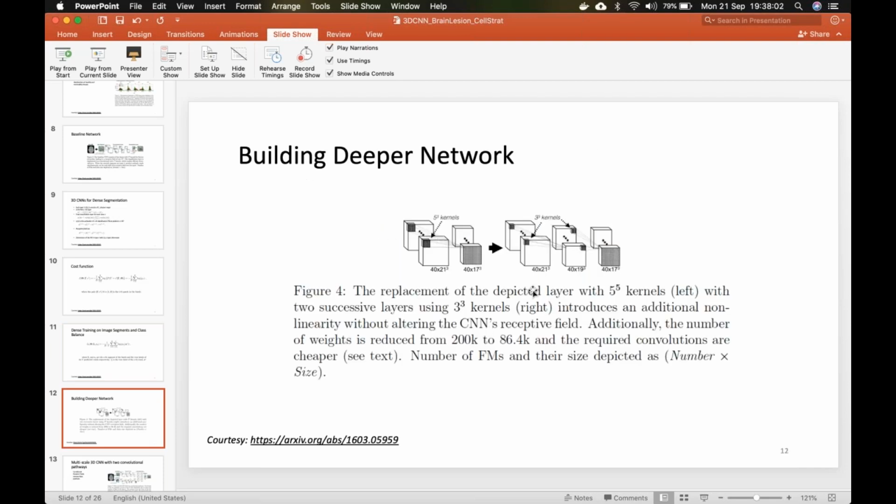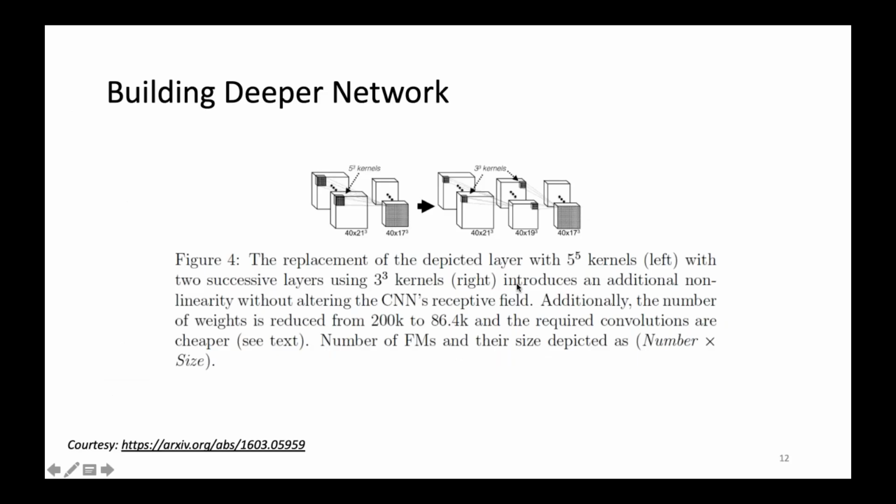So how to build a deeper network? Since this is a 3D CNN, the number of trainable parameters is very high. In order to optimize this, we build a deeper network. We replace the 5 by 5 kernel with two successive layers of 3 by 3 kernel.